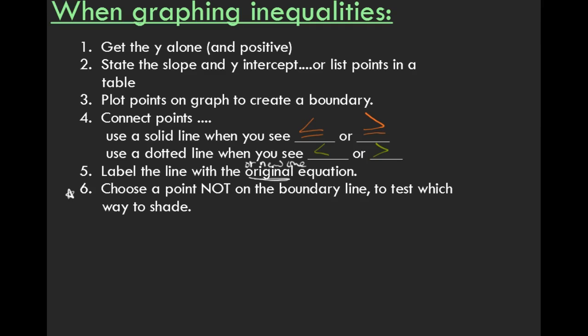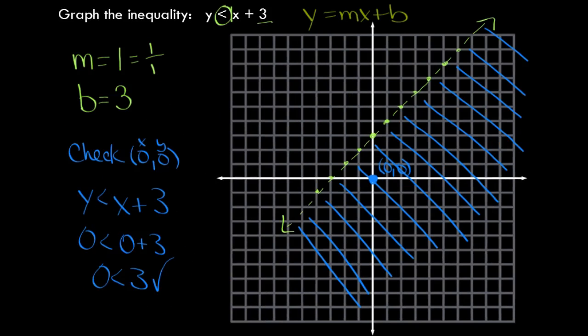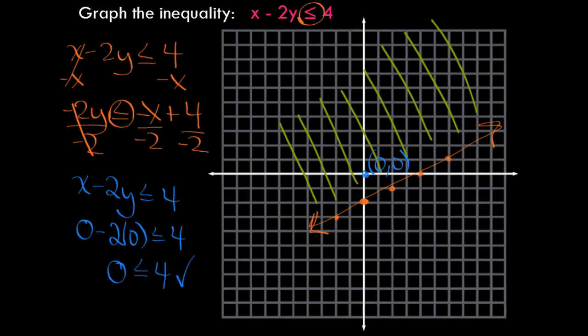So let's go back. We're going to end this by making sure I've done the right thing, which is label. So this is y is less than x plus 3. The next one was x minus 2y is less than or equal to 4. I'm just going with the originals anyways.